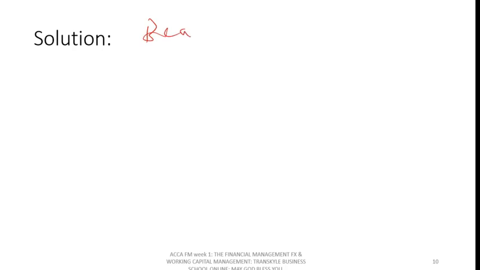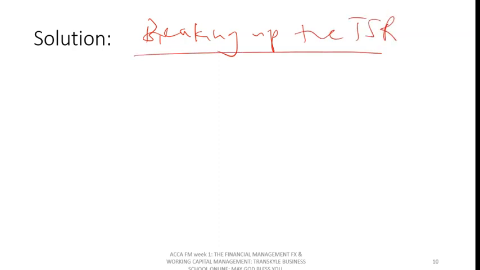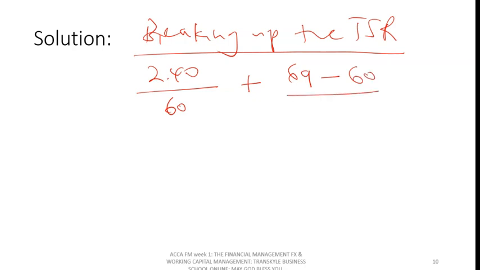Okay, breaking up the TSR. We know that the dividend was 2.40, and the initial price of the share at the start of the year was 60. So plus 69, which was the price now, minus the price at the beginning, 60, over 60.